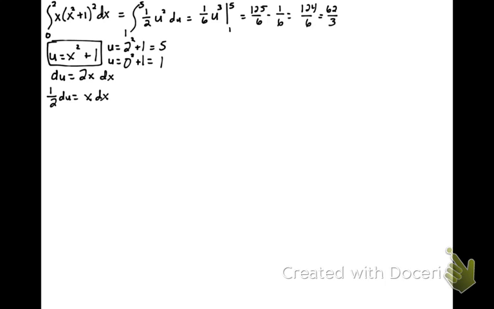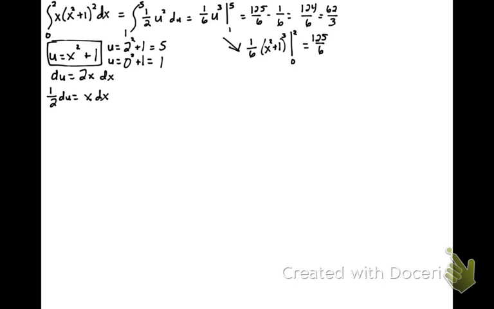And just so you can see that it ends up being the same, in case you're concerned, if I change everything back to x, this will end up being 1/6, u was x squared plus 1, and (x squared plus 1) cubed. And in terms of x, my limits of integration are from 0 to 2. If I substitute in 2, 2 squared is 4, 4 plus 1 is 5, 5 cubed is 125 over 6.